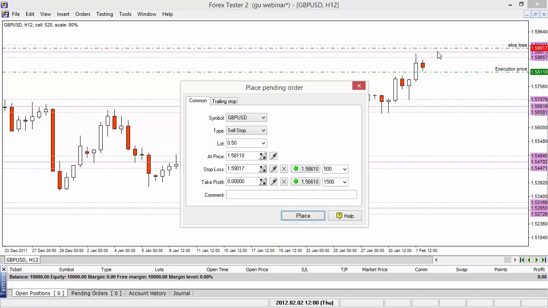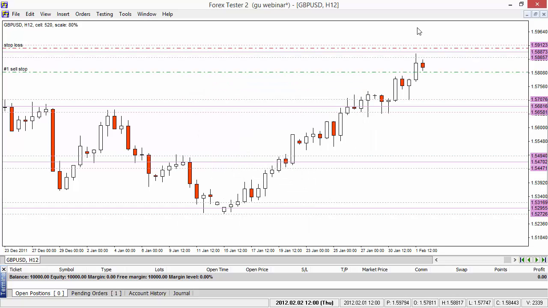In this case, behind the resistance area is going to be way too far, but obviously I wouldn't really take this trade in real life. It's actually a very bad setup. All right, so I'm looking at around about... Okay, I'm trying to keep my risk at around about 0.5 to 2%, depending on the trade.